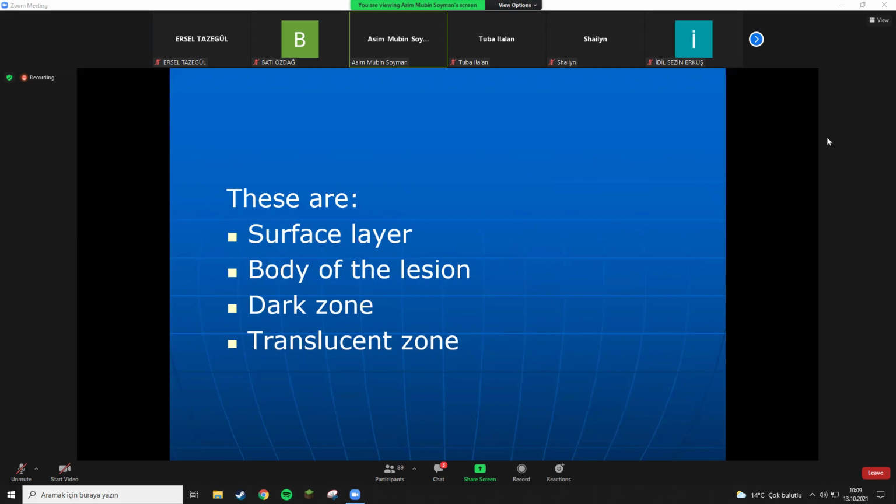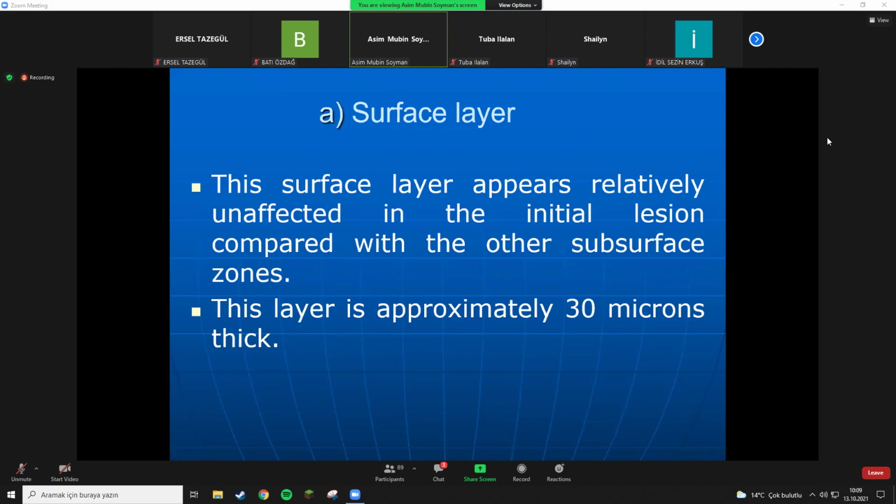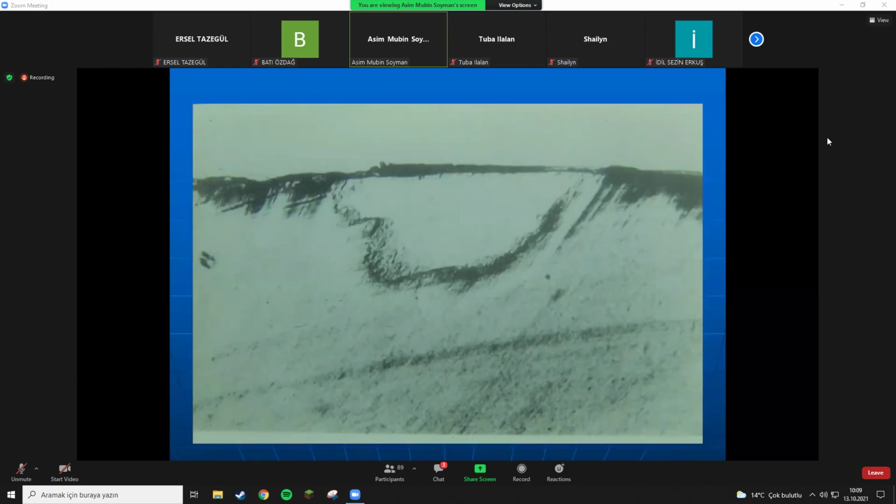These are surface layer, body of the lesion, dark zone, and translucent zone. Surface layer appears relatively unaffected in the initial lesion compared with the other subsurface zones. This layer is approximately 30 microns thick.